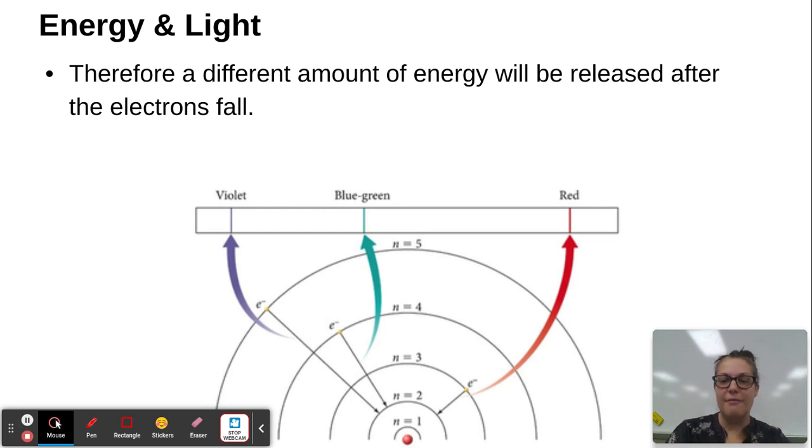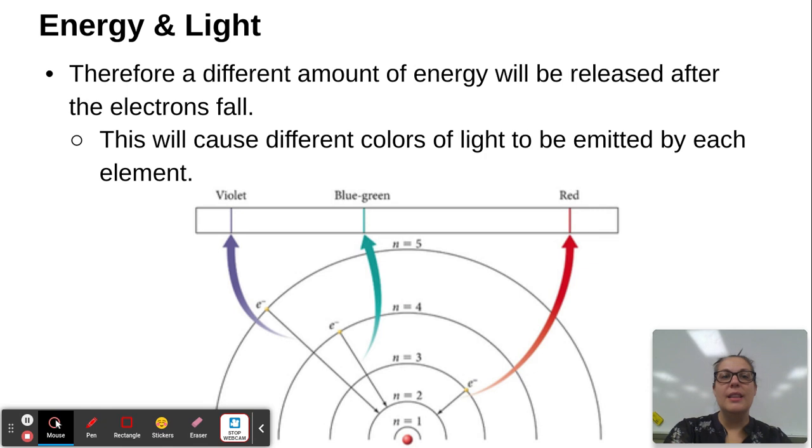This is going to cause different colors of light to be emitted by each element. We'll talk more specifically about light and its properties and different waves later, but understand that the different energies of the levels cause different colors of light to be emitted by elements.